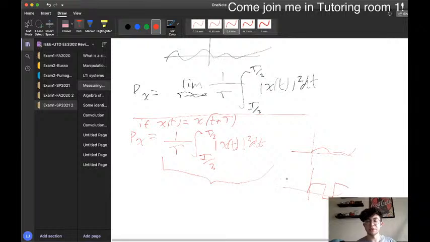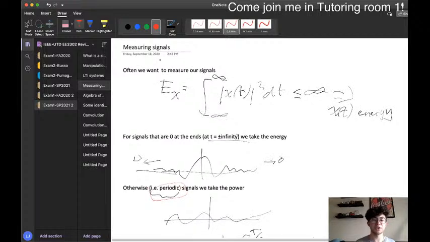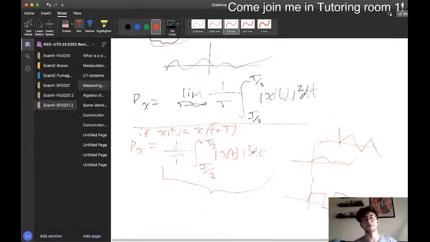These are all just examples of periodic signals. Anyway, that's power, and that one's for periodic signals. Energy's for aperiodic signals. An energy signal cannot be a periodic signal. An energy signal cannot be a power signal, and a power signal cannot be an energy signal.